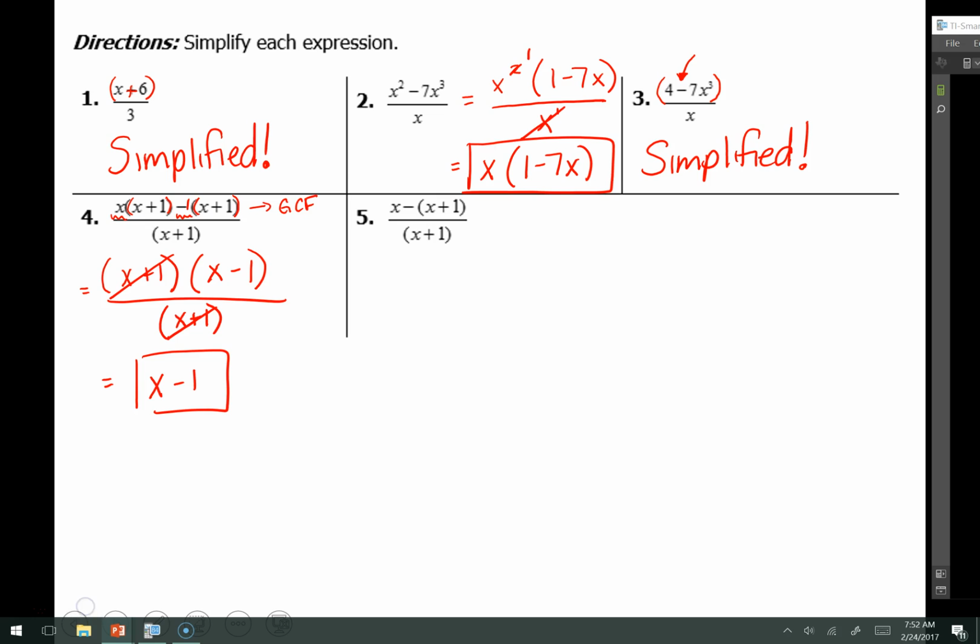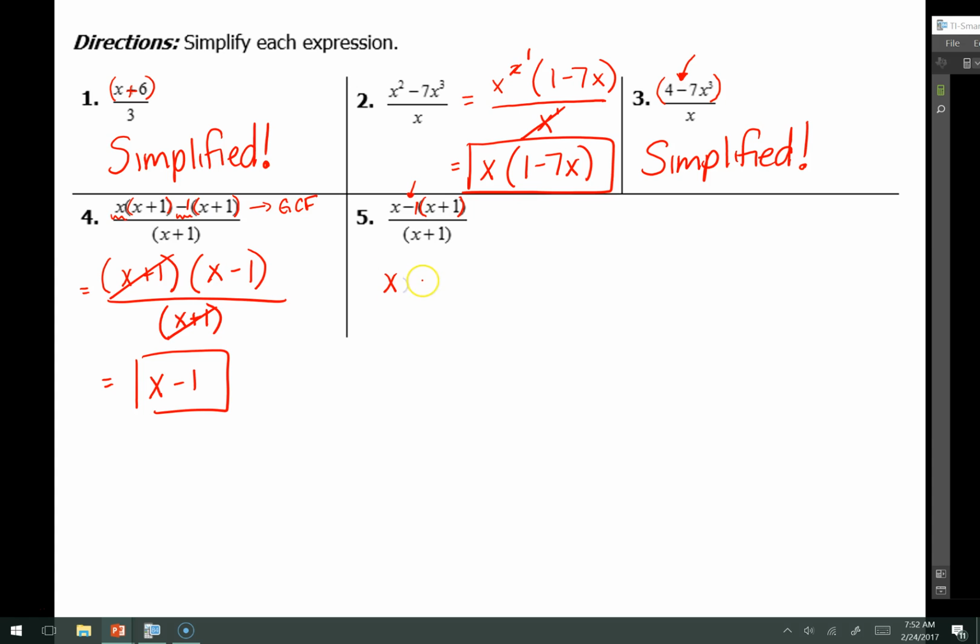All right, let's do one more of these. So looking at this one, I see that I have x minus this term, x plus 1, but because it's held together with a minus sign and not multiplication, I cannot divide these two out. Now this minus sign, that is a negative 1 right there, so why don't we start this one by distributing that negative 1 into the set of parentheses.